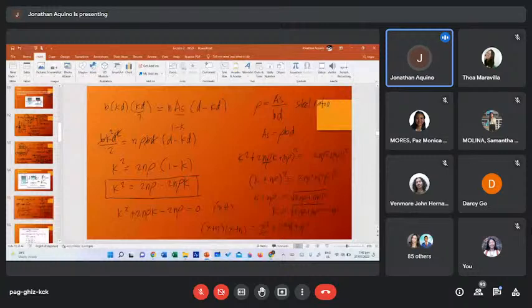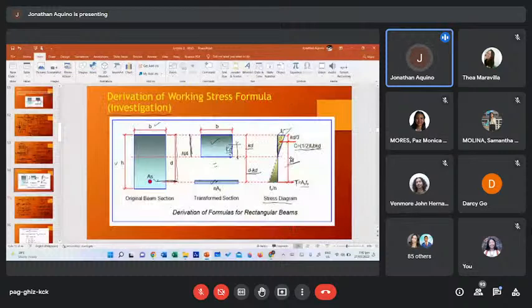So after solving for k, we can now solve for jd. So in this figure, jd is just simply equal to d minus kd over 3. Okay, so we can cancel out d, or just simply j is equal to 1 minus k over 3.